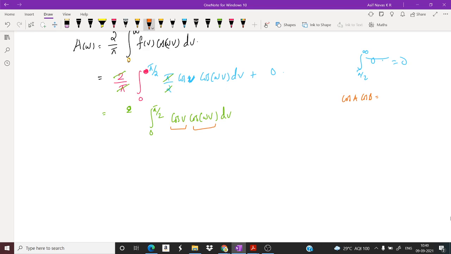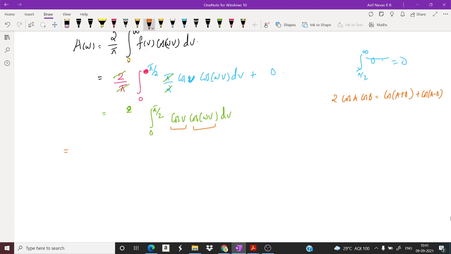In order to simplify integration, 2 cos A cos B is cos A plus B plus cos A minus B. Cos A plus B is cos A cos B minus sin A sin B plus cos A cos B plus sin A sin B. Sin A sin B will get cancelled. You will get 2 cos A cos B.